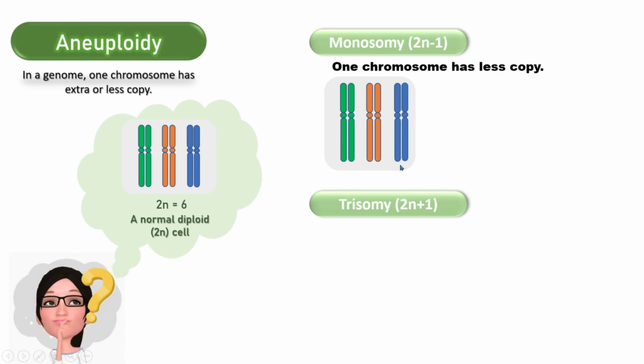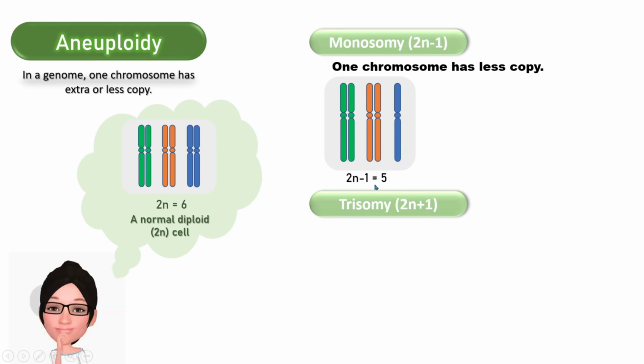For example, this homologous chromosome only has 1 chromosome, so 2n-1 equals 5, only 5 chromosomes instead of 6.